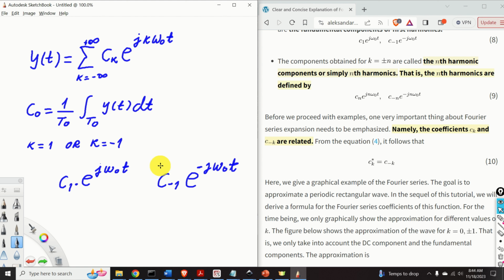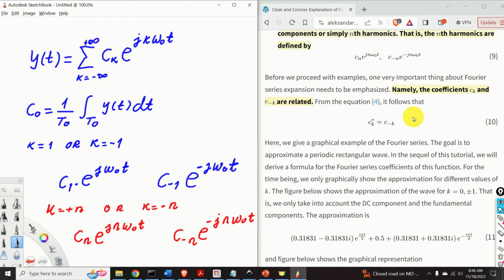That is, the nth harmonics are defined like this. k is equal to either plus n or minus n, and the nth harmonics are Cn e to the power j n omega 0 t, that's the positive nth harmonic, and the negative nth harmonic is C minus n e to the power minus j n omega 0 t.